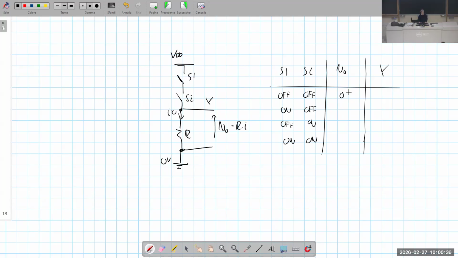So VO is 0, and this corresponds to a logical low value. If we have that S1 is on and S2 is off, something like this, what about VO?